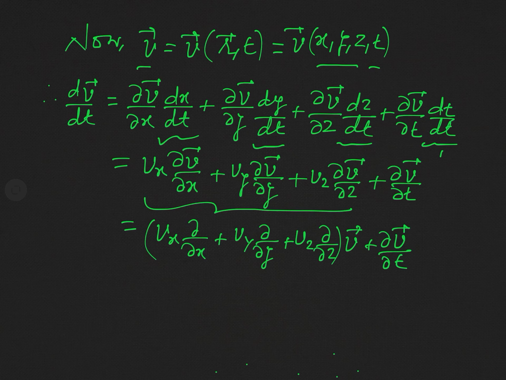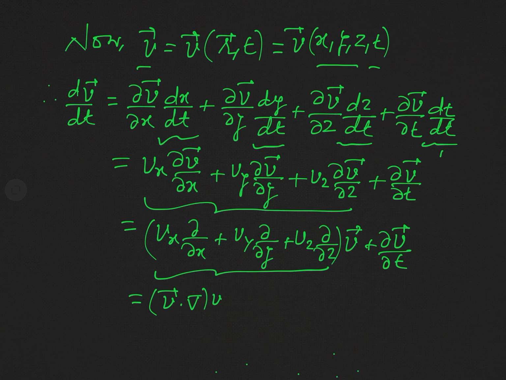Now in this bracket, the written quantity is not a physical quantity, but this is actually an operator, and you can write this operator as v dot del. I am just explaining why we can write this operator as v dot del. First of all, we write it and then I will explain it.